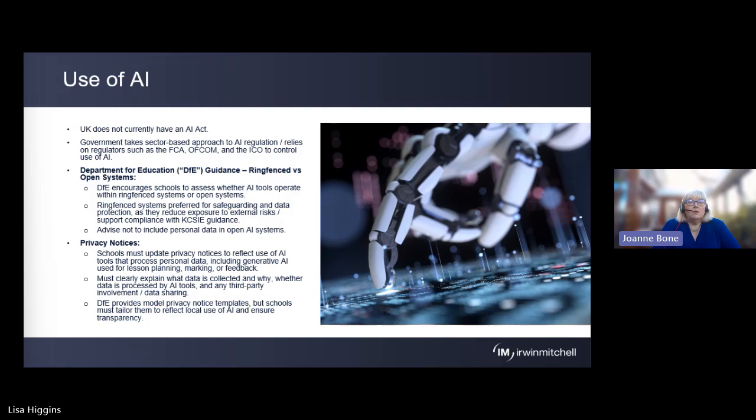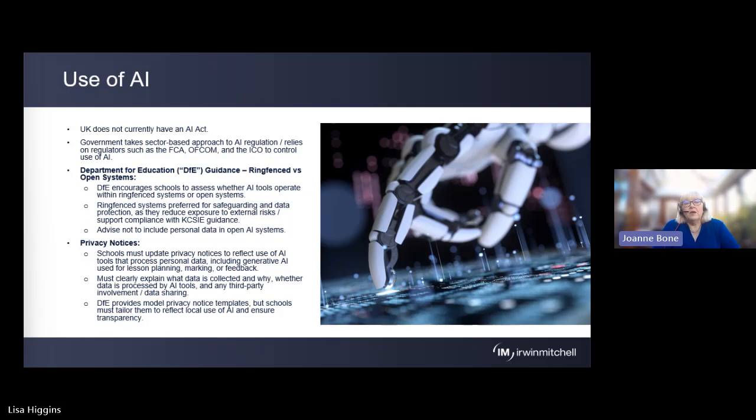At the moment, I think it's probably worth having a look at what the DFE say in relation to the use of AI and also what the ICO is saying. One thing that's worth bearing in mind is the DFE are very clear about its preferred type of AI that schools should be using. There are two types of AI, one of which is ring-fenced and the other one is an open system.